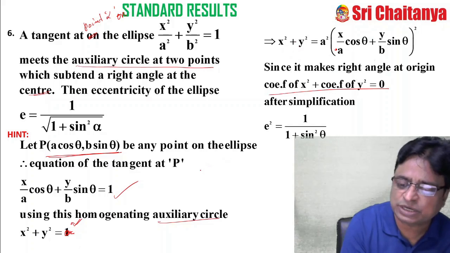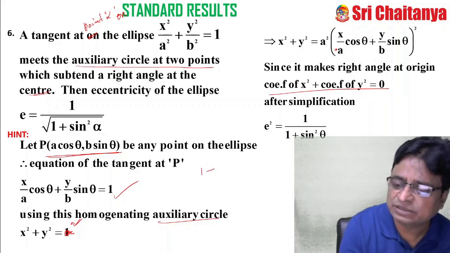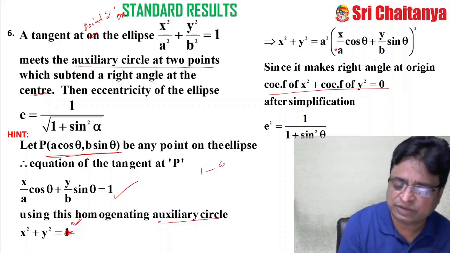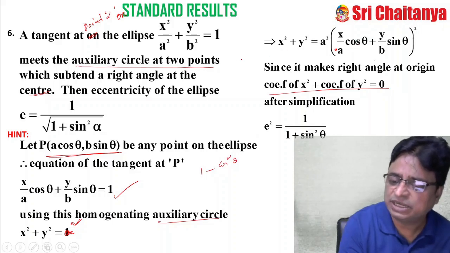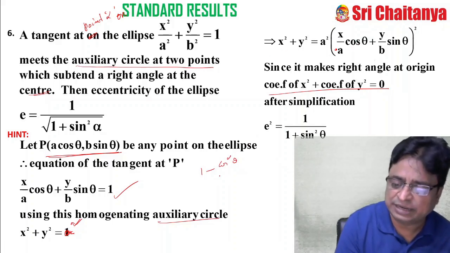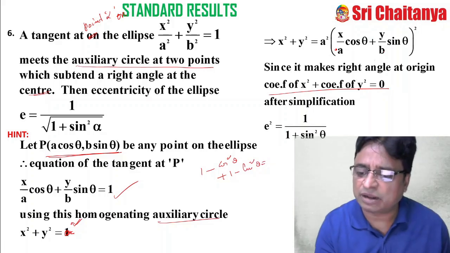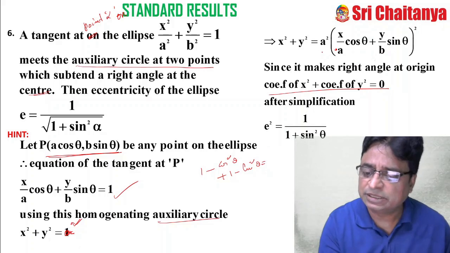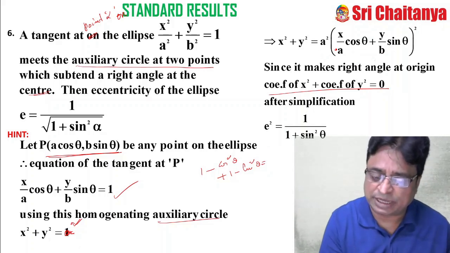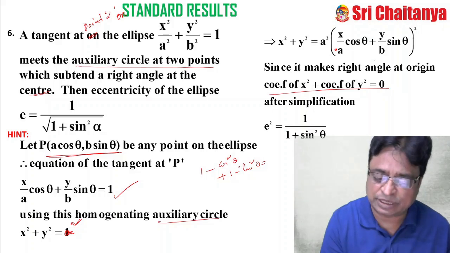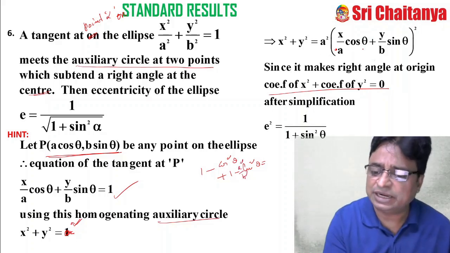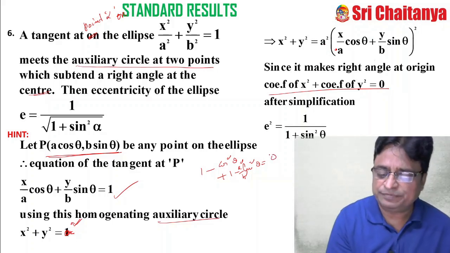And the coefficient of x square means what? Here the coefficient of x square, cos square theta by a square, gets cancelled. So 1 minus cos square theta, and plus the coefficient of y square, 1 minus a square by b square sine square theta, is equal to 0.